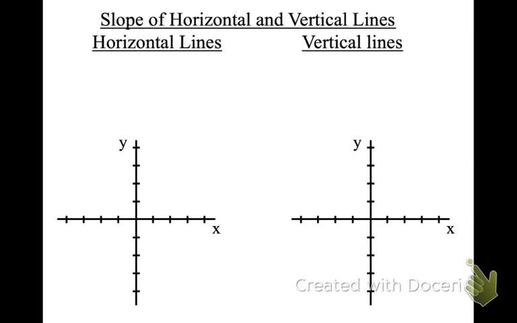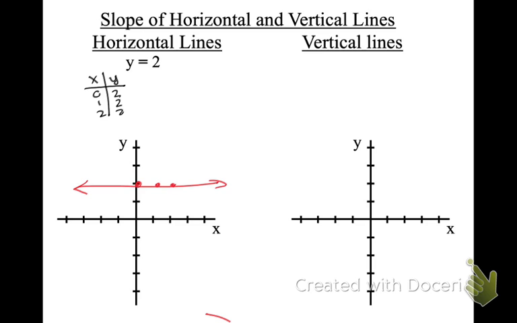Okay, vertical and horizontal lines. If I have something like y equals 2, right, I'm going to go 0, 1, 2. So I'm going 0 across, 2 up. Everybody gets it? It's going to look like this.